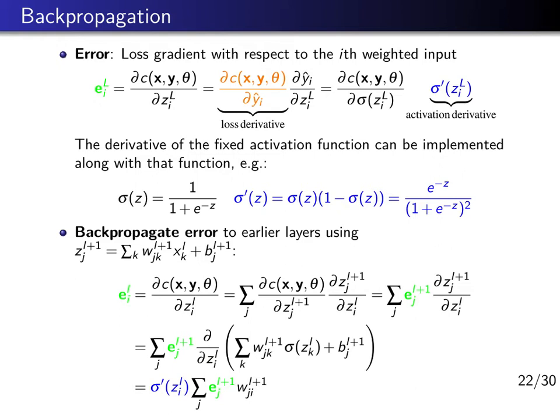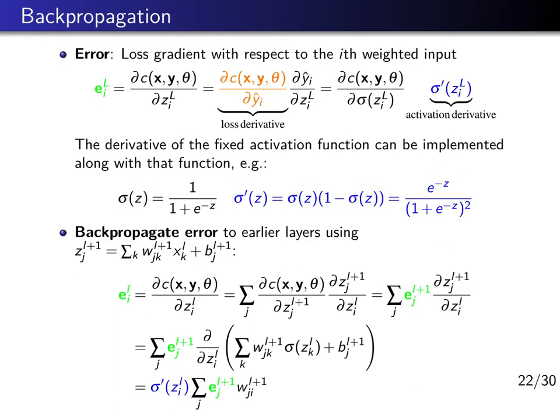We have related the activations of the next layer and this layer. And by doing several more steps of algebra, we can show that with this we can express the error vector in the current layer l as a function of the error vector in the next layer, l plus 1. And what we need additionally is the derivative of the activation function.